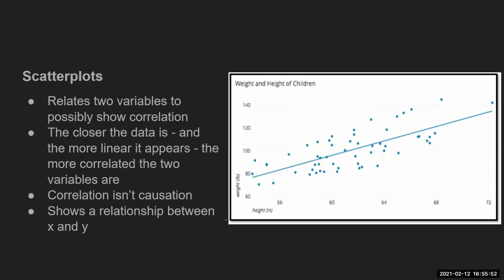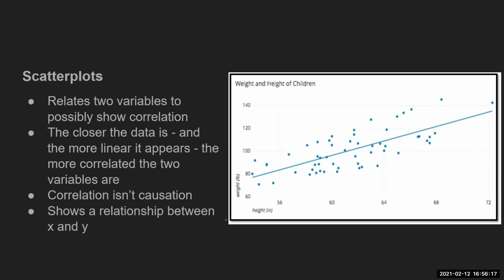Another type you might see are scatter plots. For those of you who took statistics, this might look a little familiar to you. A scatter plot is a way to show the relationship, or the possible relationship, between 2 different variables. The closer the data is, the more linear it appears, the more correlated the 2 variables are.